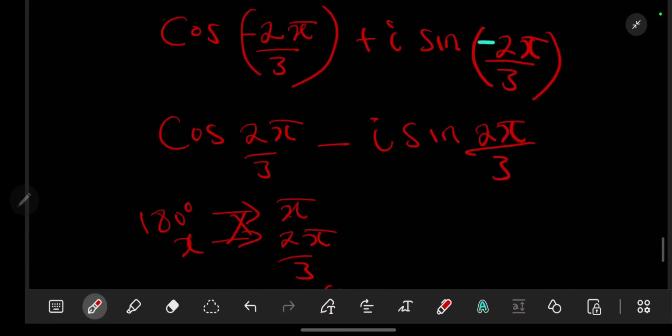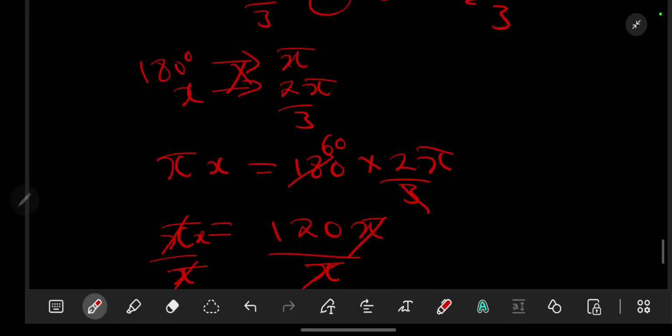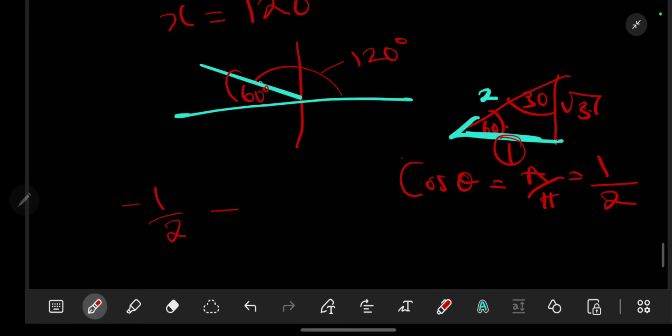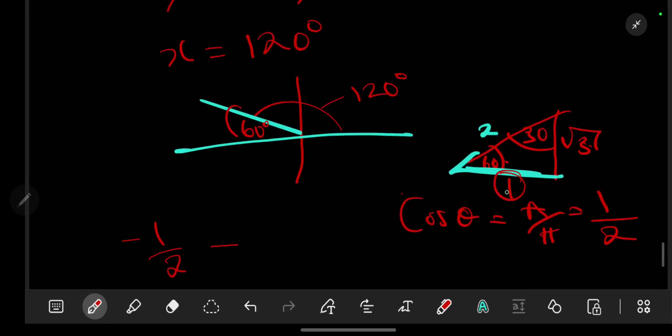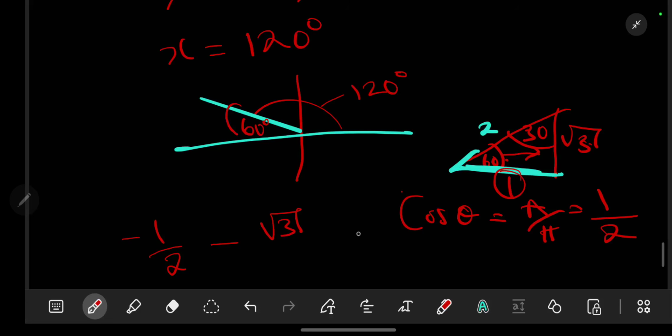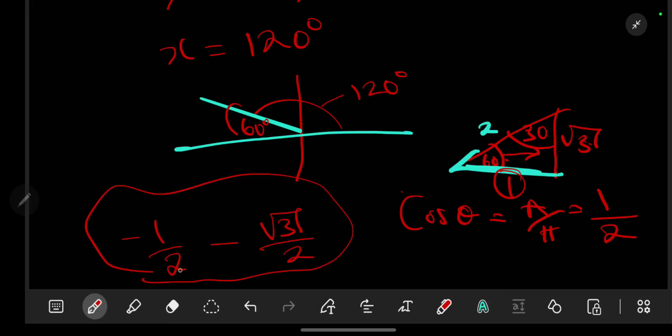Then we already have a negative there, so it will be minus, but the sine of 120 is positive because sine is positive in the second quadrant. So sine of 60 is equal to opposite, which is root of 3, over the hypotenuse, which is 2 like that. So this is how we deal with such a question.